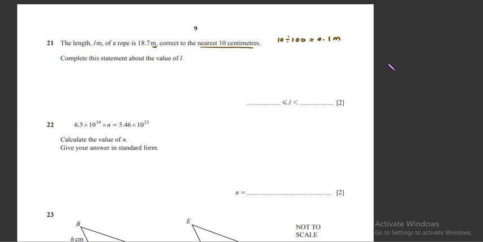That is the question. Once this is given like this, you should always divide it by 2 to find what number should be added or subtracted to calculate the upper bound and the lower bound.